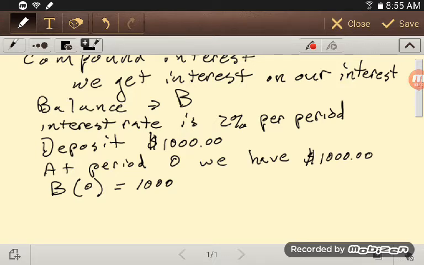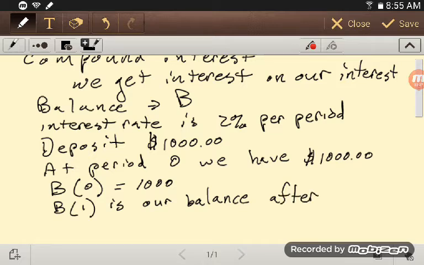So that's how much we start with. Now, at the end of one period, we're going to call that B of 1. That is our balance after one period. And we know how to do that.